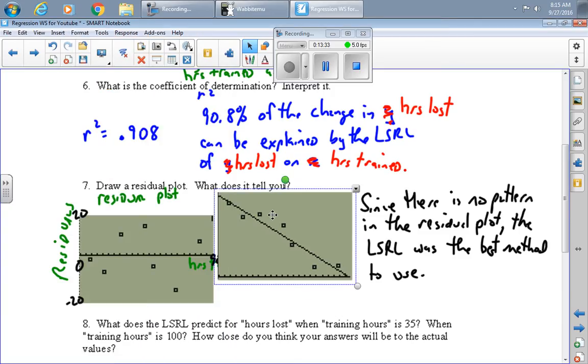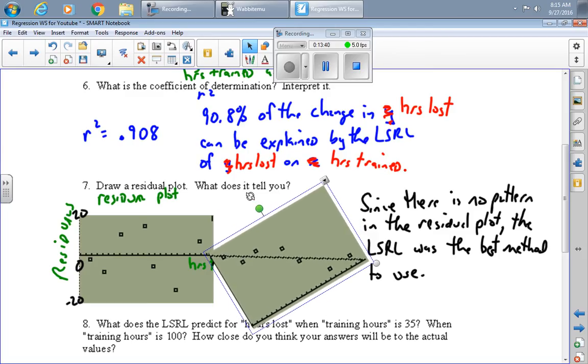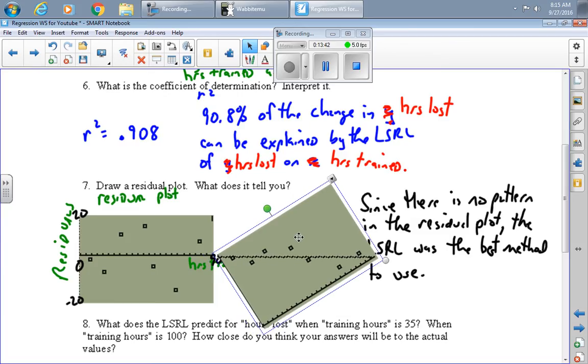Now what I want you to see is if I rotate this so that this line here is now horizontal, what I've got is essentially a zoomed in version. When I look at this, it's the same thing as this, because that's what a residual plot is doing. See, I have a couple points below the line, a couple points below the line, above, above. It's the same idea. That's what a residual plot does.